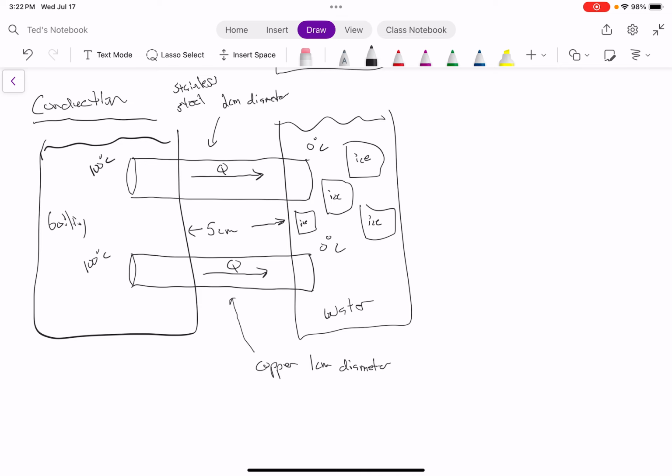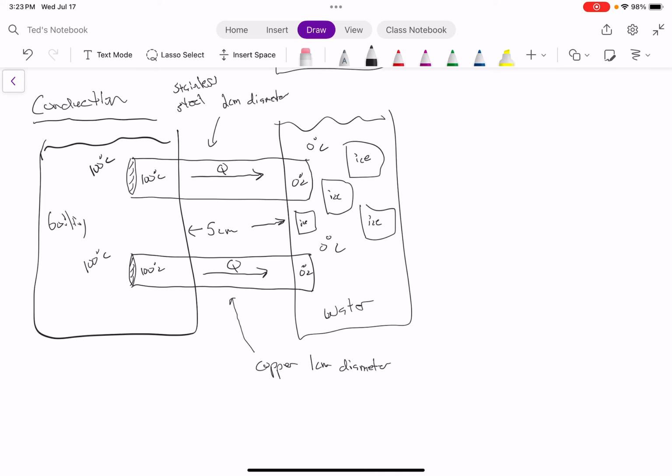And we have somehow connected two solid rods between the two buckets of water so that on the left, the rod is going to be at 100 degrees Celsius. And on the right, the rod's going to be at 0 degrees Celsius because it's in contact with the water. And the question is, how much heat transfers through those two pipes?